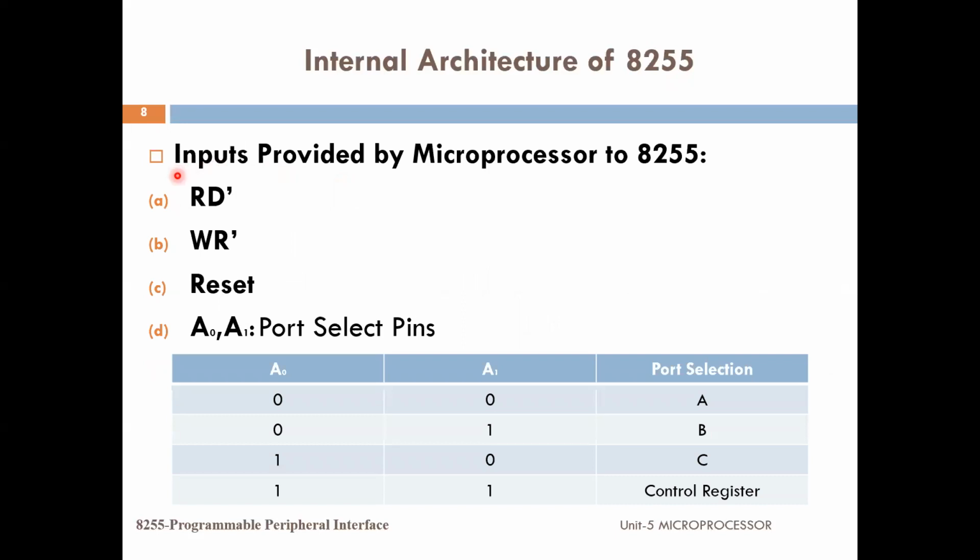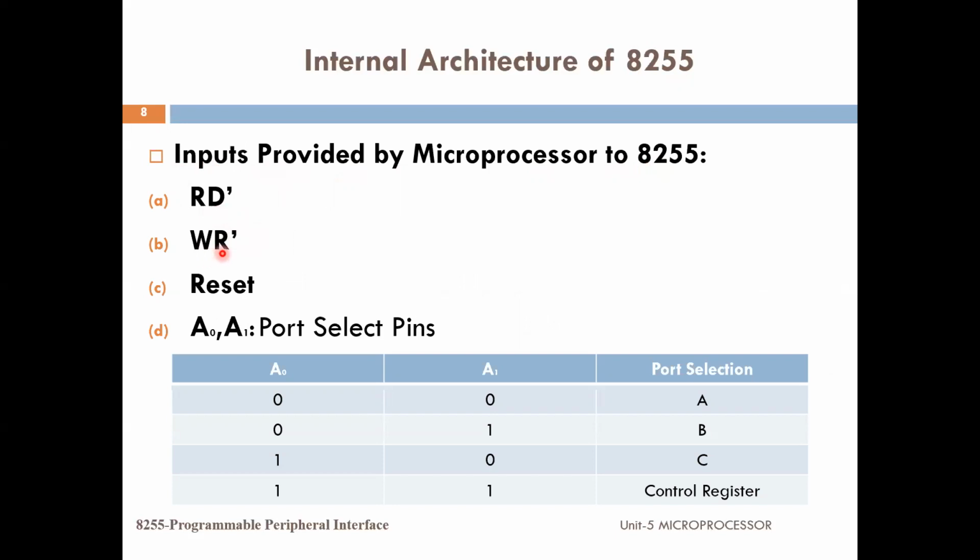So let's discuss the various inputs provided by the microprocessor to the 8255. The first one is the active low read signal. If this signal goes low, then only the read operation will be performed, meaning we read the data from the ports and put it on the bus.